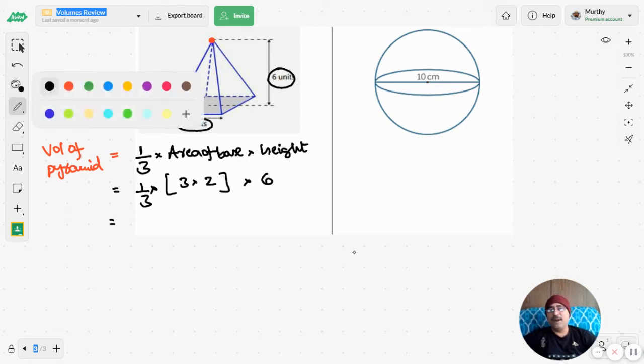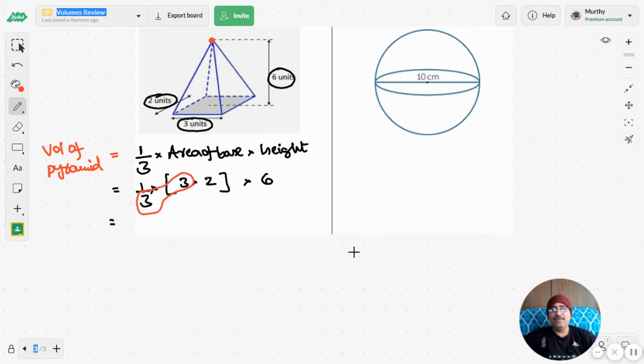You know that in the butterfly method, we can take 3 divided by 3, that gives me 1. So 1 times 2 equals 2. 2 times 6, 12. So 12 cubic units. In this question, it is not mentioned whether it is inches, centimeters or feet, so I'm just taking it as units.